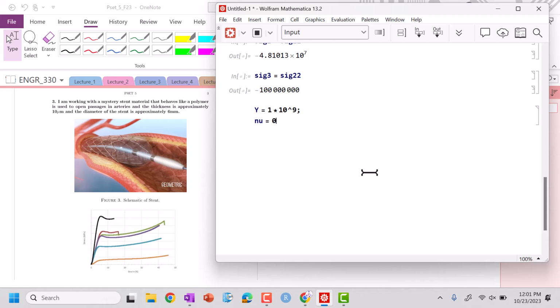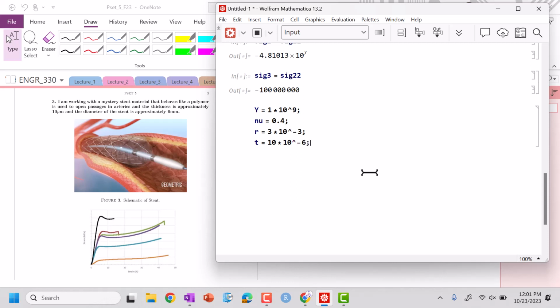My nu is equal to 0.4. We are going to set the radius equal to 3 times 10 to the minus 3, because its diameter is 6 millimeters. The thickness is equal to 10 micrometers, 10 times 10 to the minus 6.